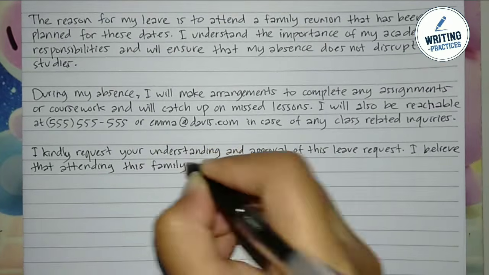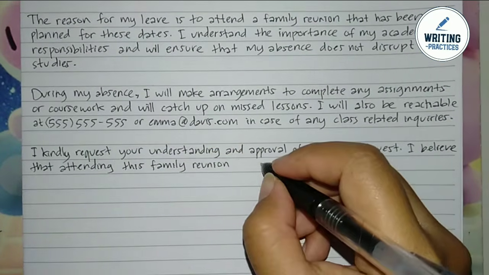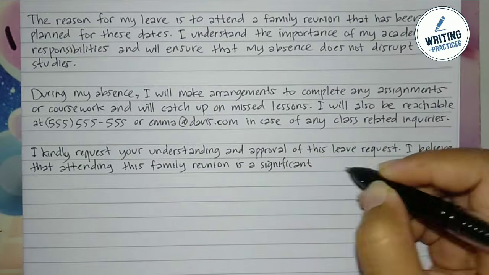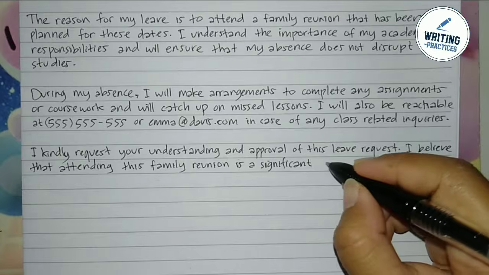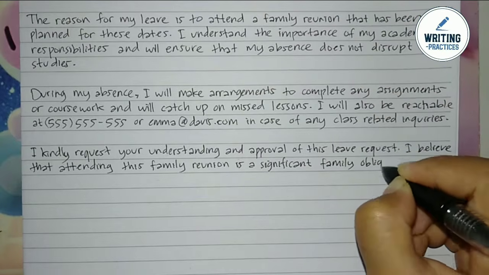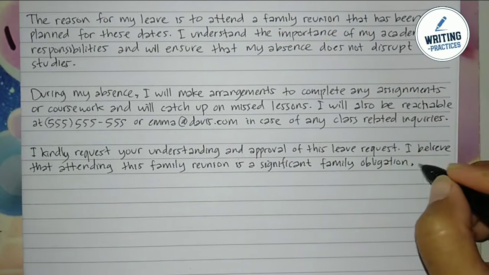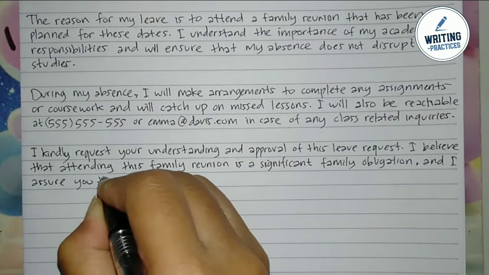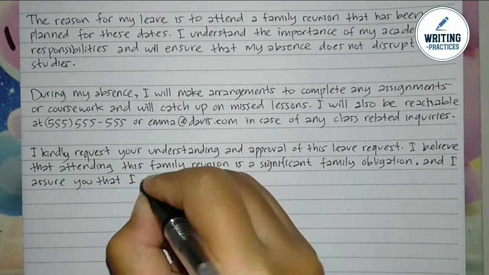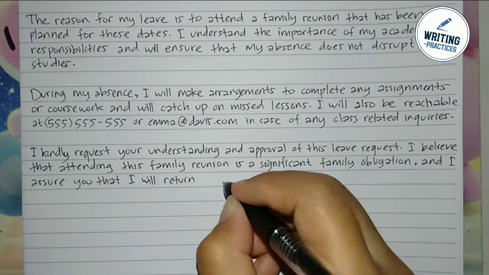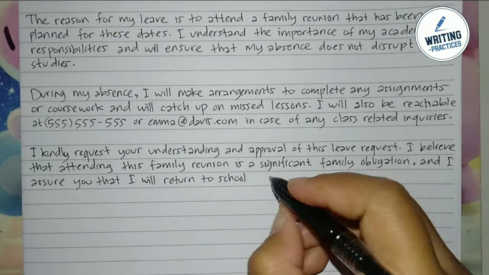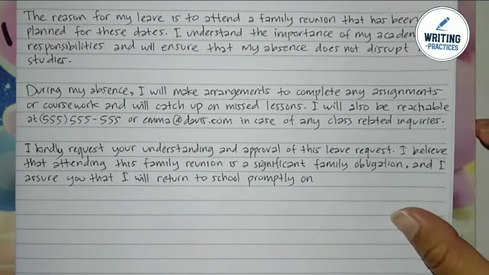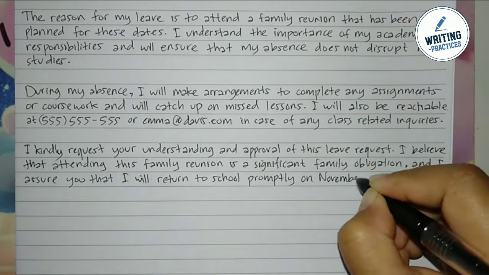For example, "I believe that attending this family reunion is a significant family obligation." For the next, write the prompt date when you will be back at work or school. Write the month, date, and year. For example, "I assure you that I will return to school promptly on December 16, 2023."